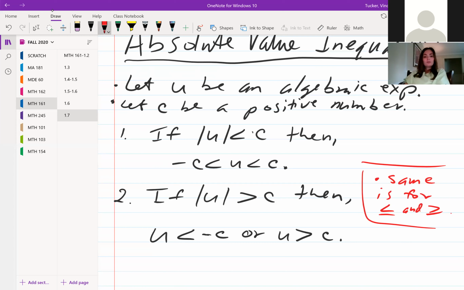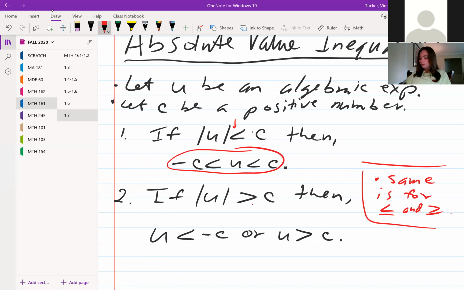All right, so absolute value inequalities. Let u be an algebraic expression and c be a positive number. You have the absolute value of u is less than c. So the key here is going to be the less than. If you see that less than symbol, then you're going to set up your inequality this way to solve.